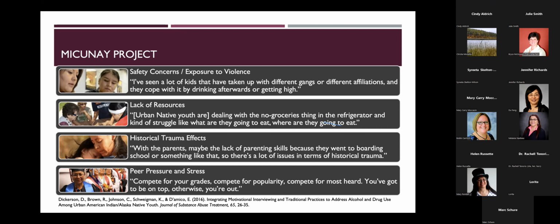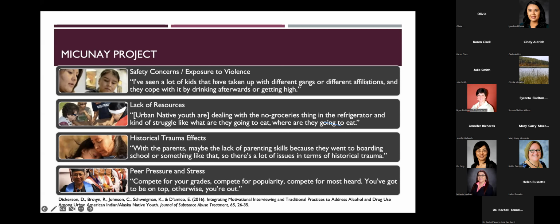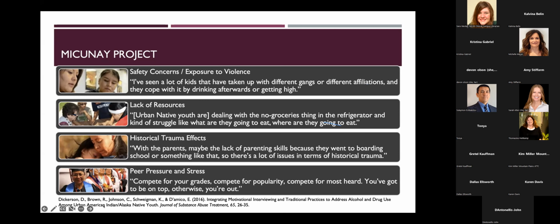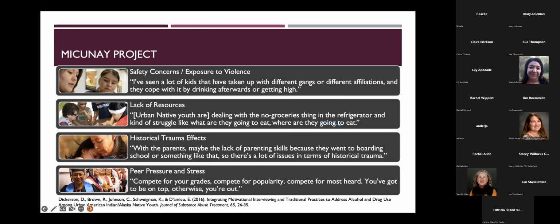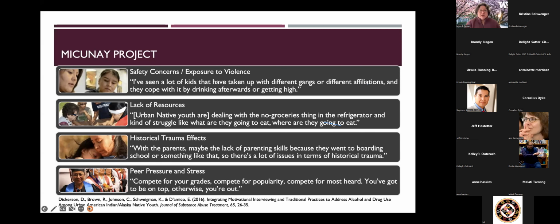And then Dan and his team worked really closely with community partners to then identify how they could build in appropriate cultural supports and other types of approaches, such as motivational interviewing, to better support these youth and be able to address some of these risk factors that they're experiencing.